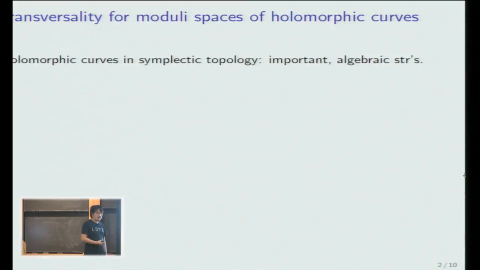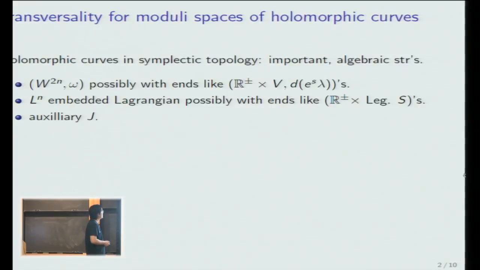Right, over the past symplectic talks, we know that holomorphic curves are very important in symplectic topology, and they provide a rich source of algebraic structures. Given standard input data, a symplectic form W and an embedded Lagrangian L, we can also allow some non-compactness, provided they are like cross-sections of a contact manifold, which is the odd-dimensional analog of a symplectic manifold.